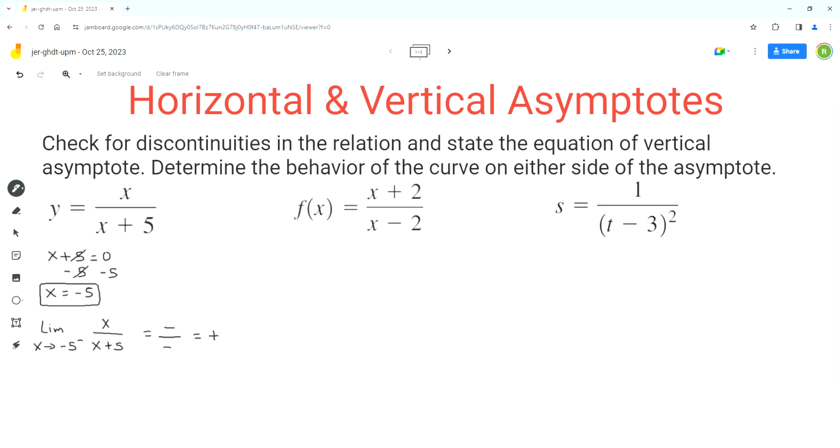So that means as x approaches -5 from the left side, the y value approaches positive infinity.